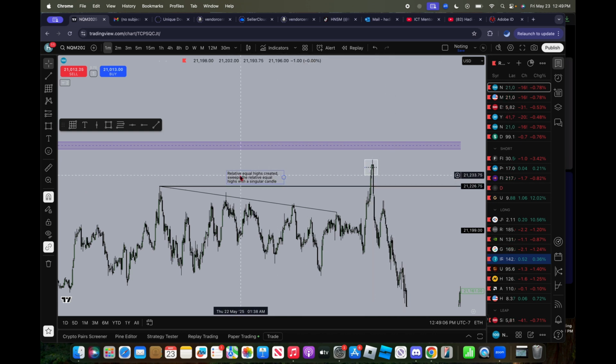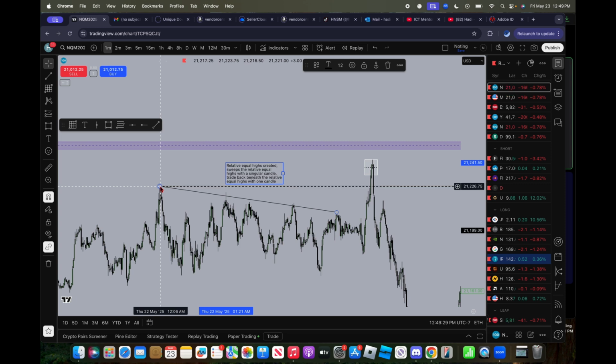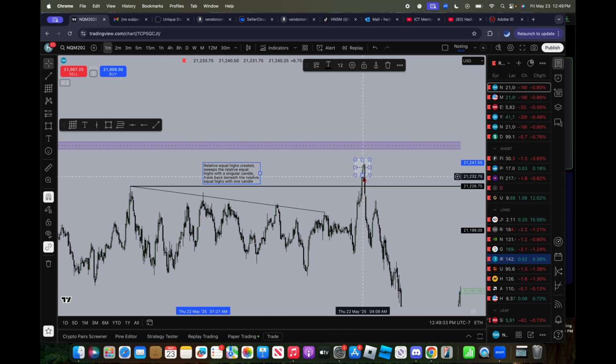But it sweeps the relative equal highs with a singular candle, trades back beneath the relative equal highs with 1 candle. Also, I'm anchoring the highs. When I'm talking about relative equal highs, I'm anchoring it to the highest high. So it swept it right here with 1 candle and came back down with 1 candle.